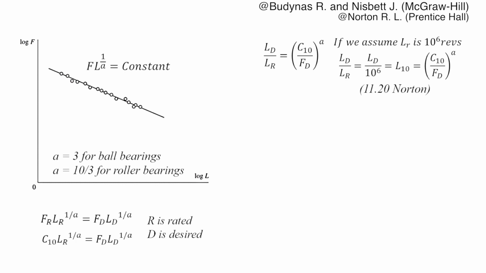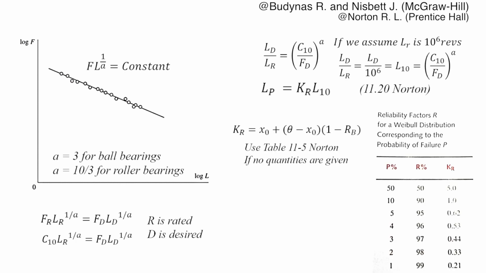But this may not always be the case, so I will leave the equation in the unsimplified form. Now, while a manufacturer may rate a single bearing, not every bearing which comes off of the assembly line is identical. To account for this, a Weibull distribution of failure is commonly employed. A list of reliability factors with common Weibull parameters are given by Norton, but I have provided an expanded formula.